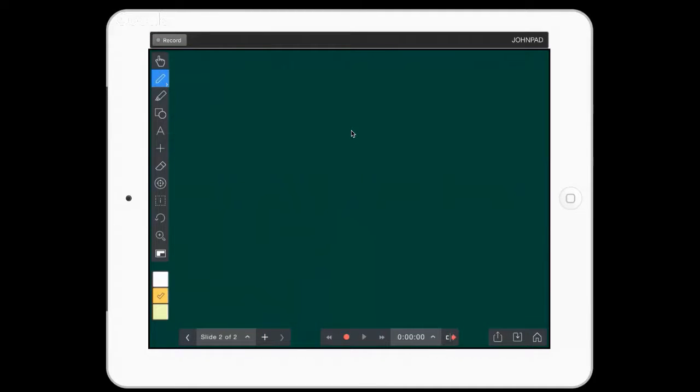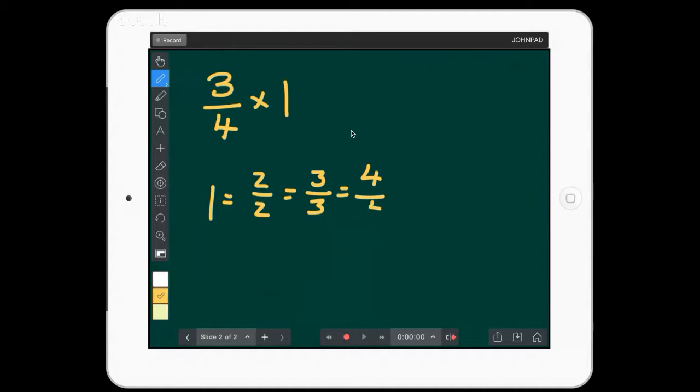Suppose I go back to my 3/4 and suppose I multiply it by 1, but I say to myself, 1 is the same thing as 2 divided by 2, which is the same thing as 3 divided by 3, which is the same thing as 4 divided by 4, and in fact the same thing as anything divided by anything.